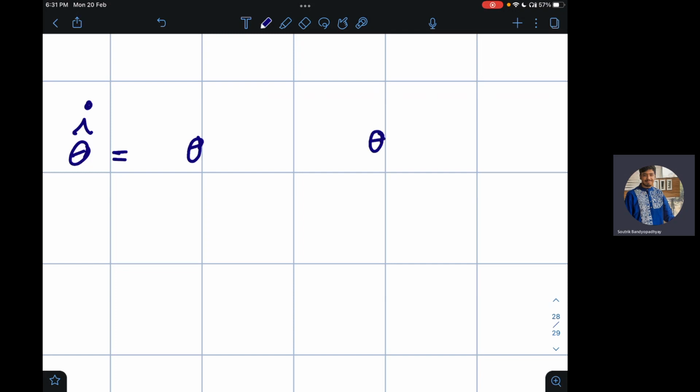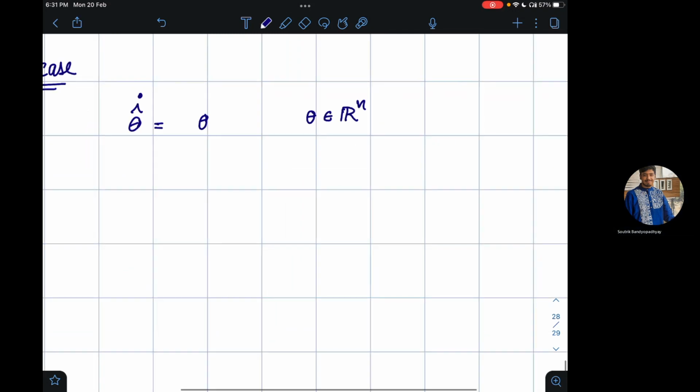But here theta is an n-dimensional vector, right?